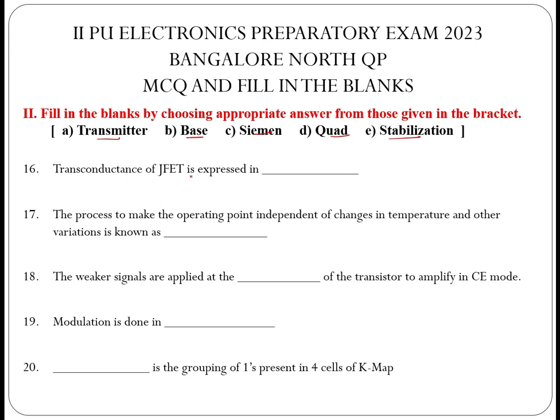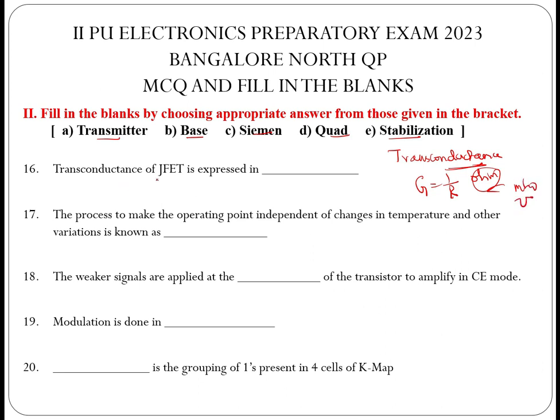Transconductance of JFET is expressed in. See, in the MCQ also this one I told. Transconductance, you remember here as conductance. Conductance is called as G. G is the reciprocal of resistance. Resistance unit is ohm. Write it ulta, that is MHO.